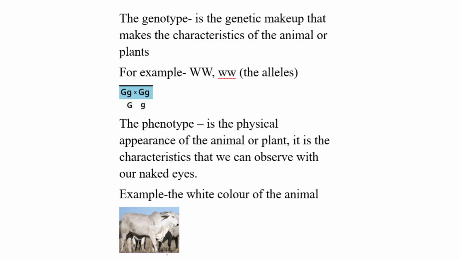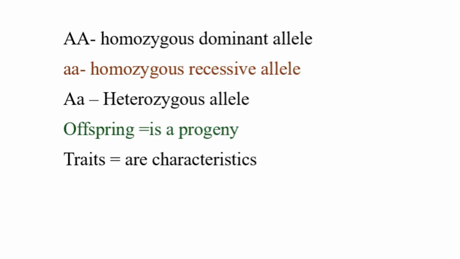You can have a homozygous recessive or a homozygous dominant. A homozygous dominant is when we have two capital letters of a letter, let's say BB.